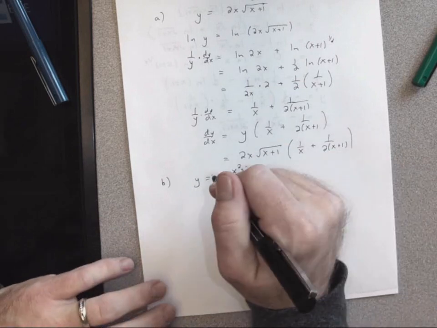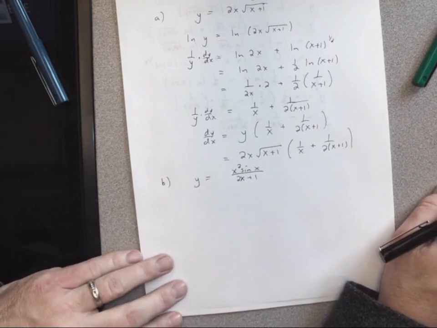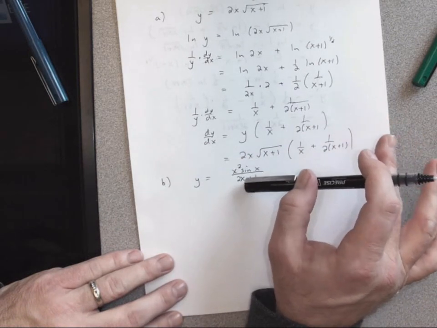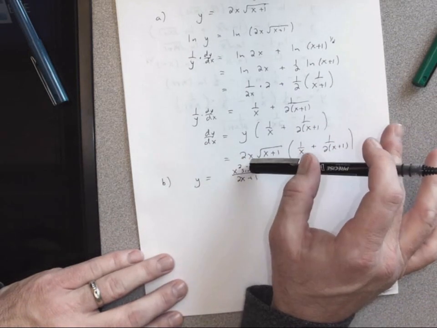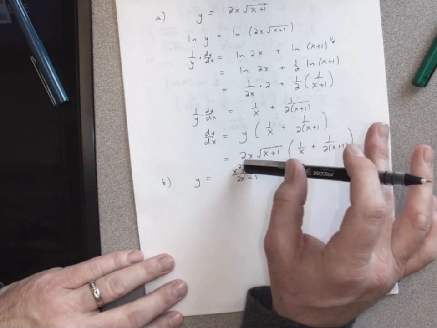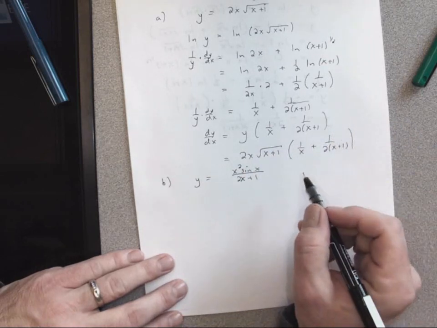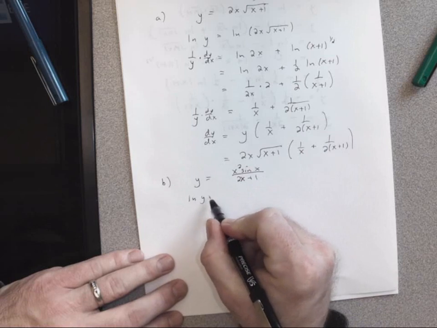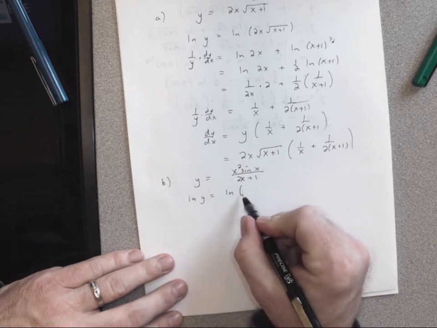Something like this, we know that in order to do it, this is the quotient rule because the entire thing's a quotient, but the numerator, which is f, is also a product. So this is one of those that's mixed with both product and quotient rule. So what we can do is take the natural log of both sides to be able to expand this.